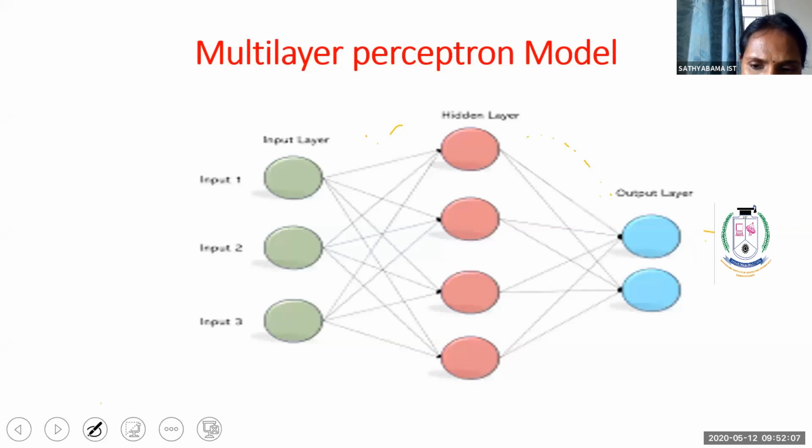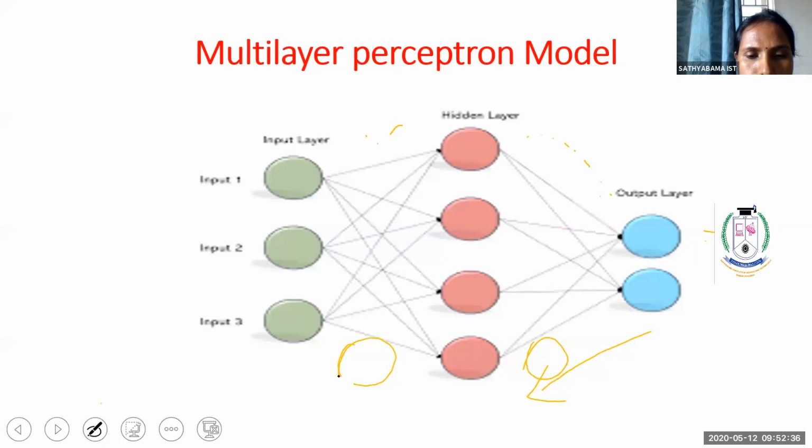You have to feed that error value back to your hidden layer. Now the hidden layer weight value will be modified, and in turn you modify the weight value of your input layer also. So you repeat the same process until your actual output is equal to your desired output.